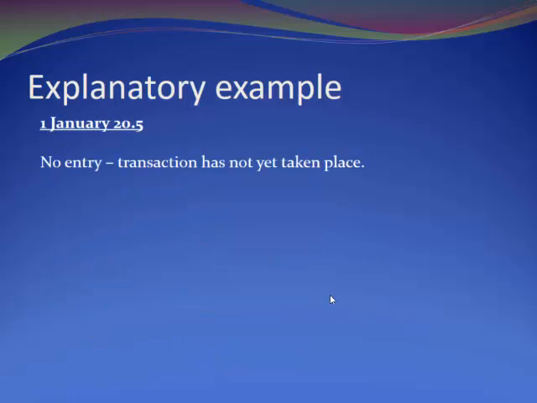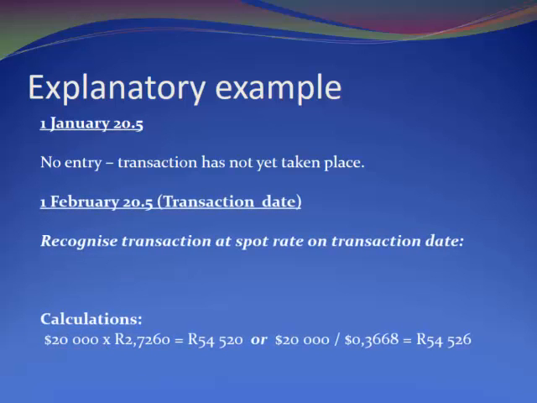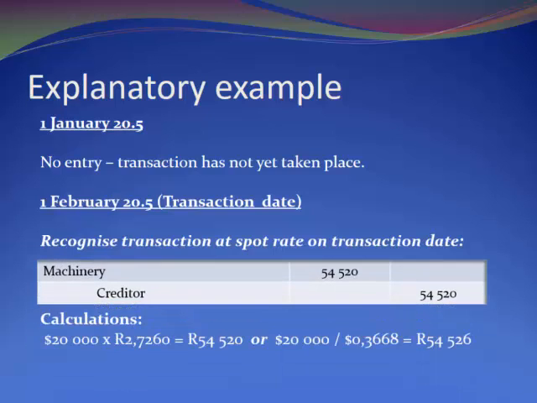Firstly, our first journal, 1 January 20.5, there's no entry because no transaction has taken place. It's only the order date. Then on 1 February 20.5, we will have to recognize the transaction at the spot rate that prevailed at that date. So therefore, we will debit the machinery and we will credit the creditor with 54,520.